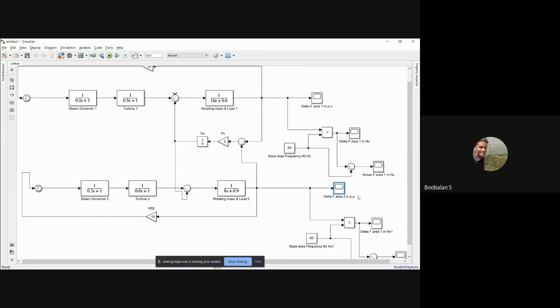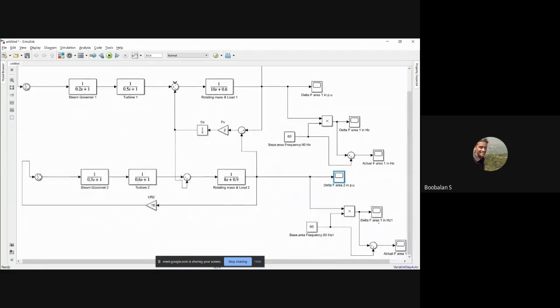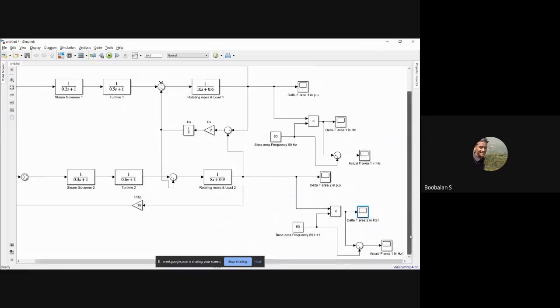Change it into area 2, and this also area 2, this is also area 2. Right? Now you have an idea how we can calculate the actual frequency and base frequency for both areas, right?